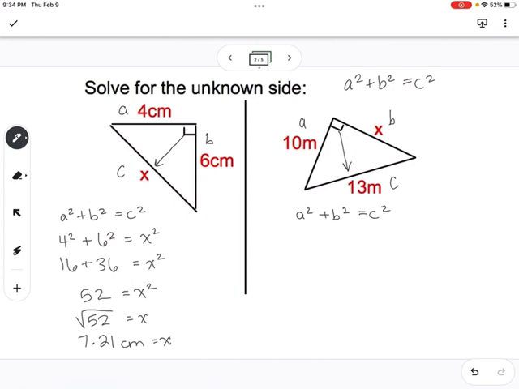Our A we have as 10 meters, so 10 squared. Our B is x, so x squared. And our C is 13, so 13 squared. So 10 squared is equal to 100 plus x squared equals, and 13 squared is 169.